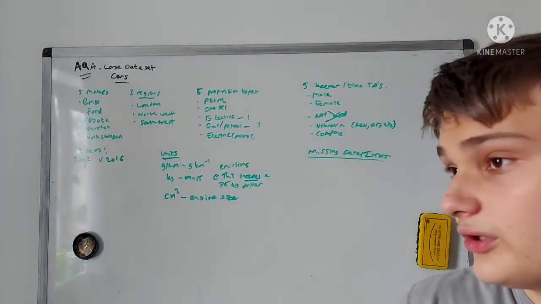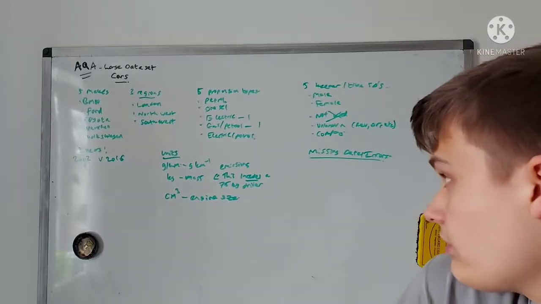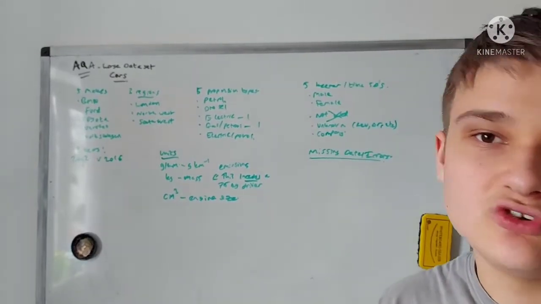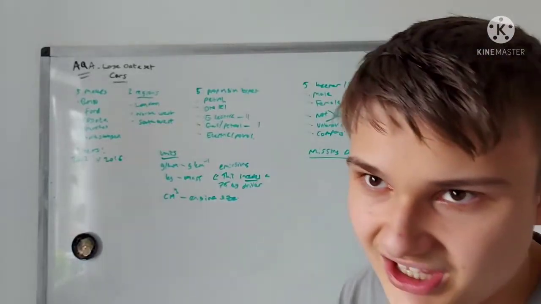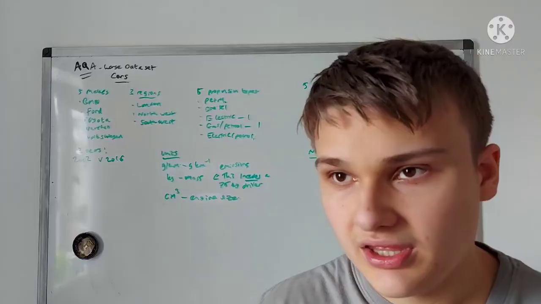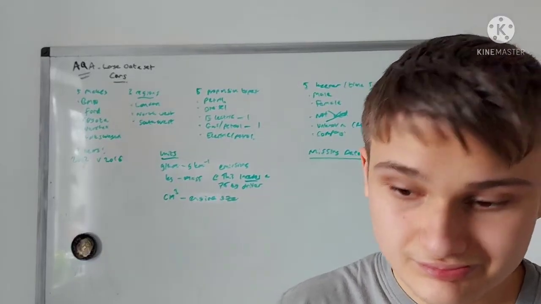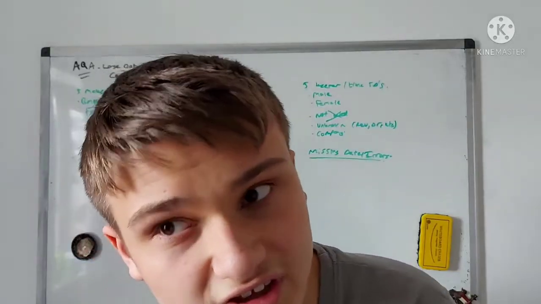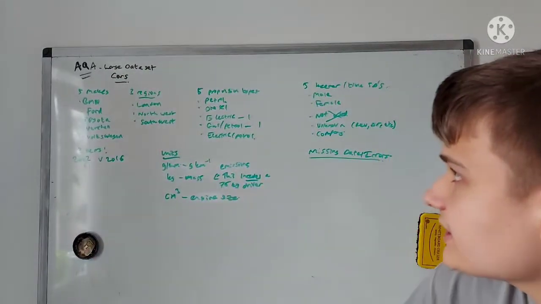For example, the 75 kilograms might not actually be 75 kilos, it could be 77. It's these odd little things that you will find out in your course. Alright? And that is everything that you need to know for AQA's large data set.